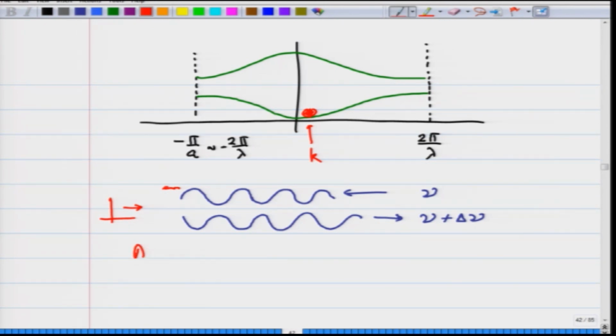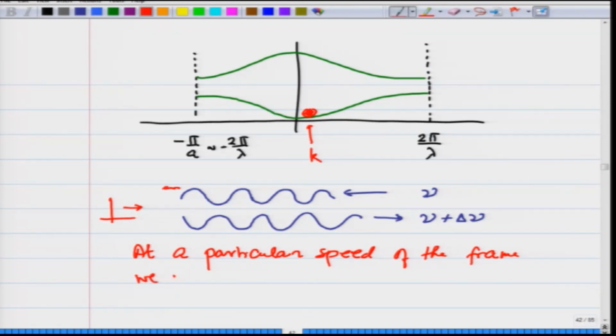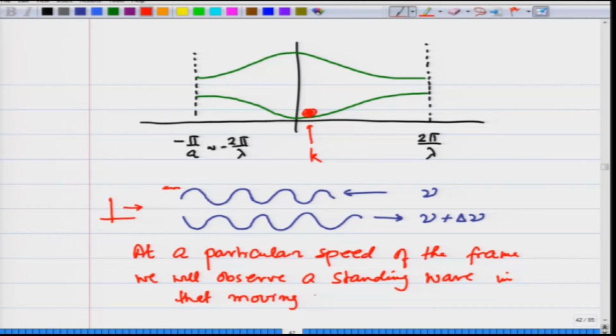So, at a particular speed of the frame, we will observe our standing wave in that moving frame.